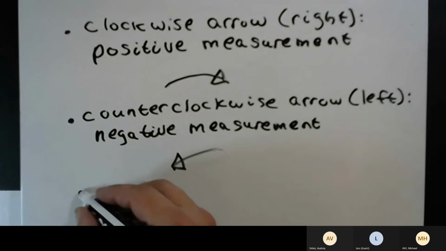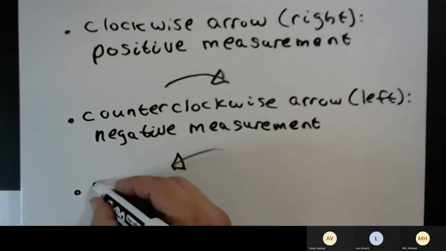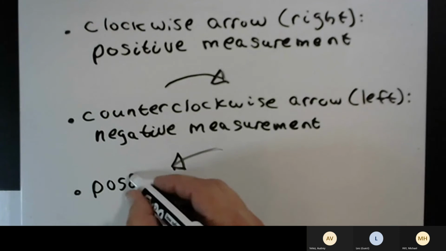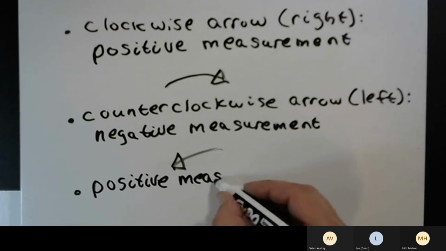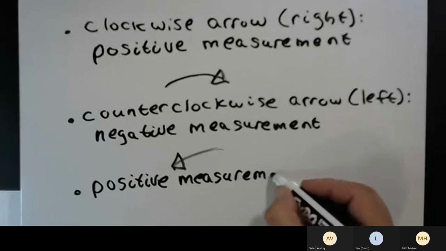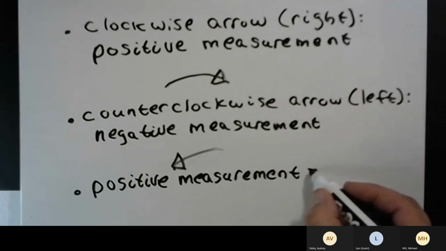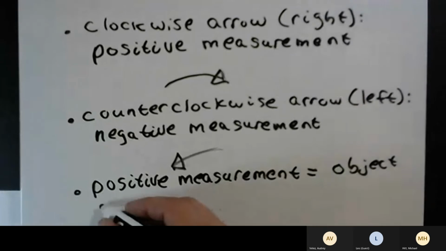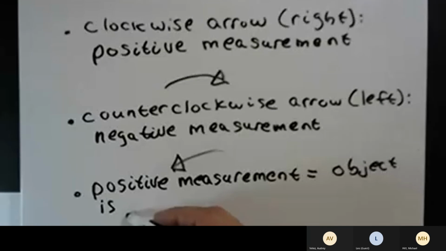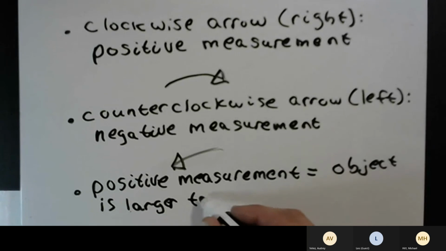So a positive measurement means the object, or whatever we're measuring, is larger than desired.